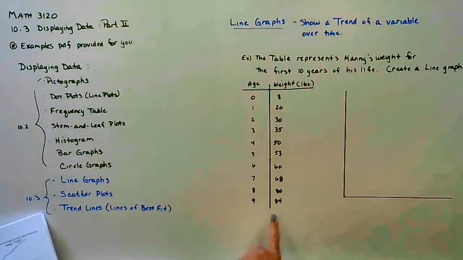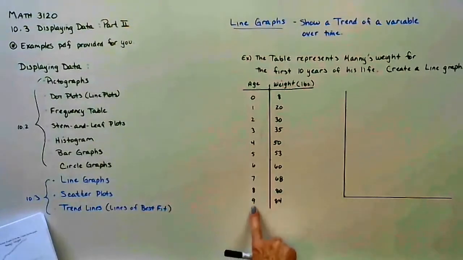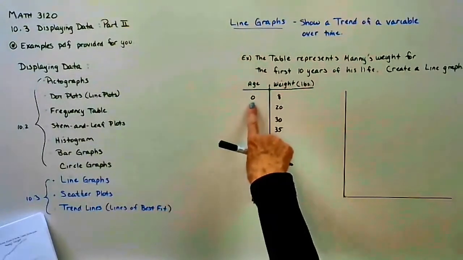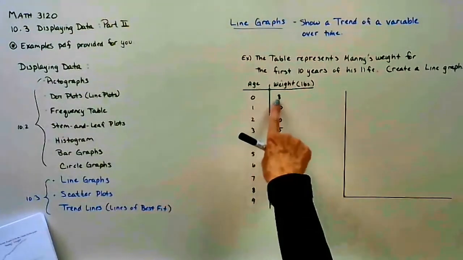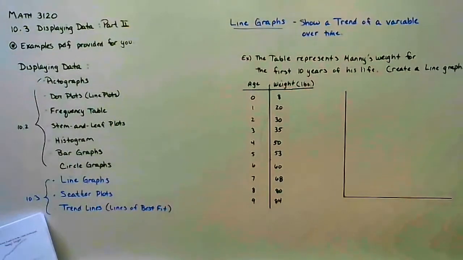So one of the first things I should have noted was, well, we're talking about 10 years. So this is age in years. Notice it only went to 9 because the first year, they're 1 month, 2 months, 3 months, up to 12 months, but that's still a year. So as an infant, weighed in, born at maybe 8 pounds. So here's our data points.